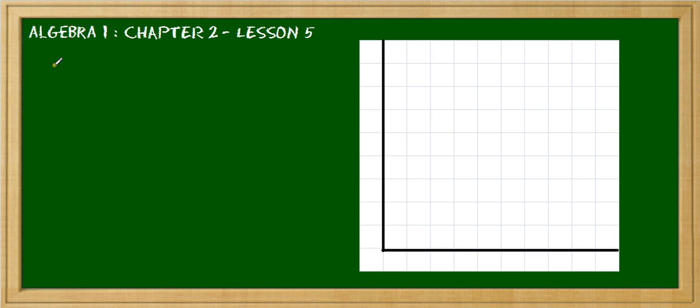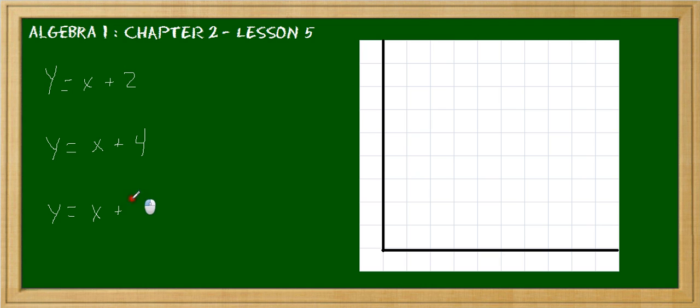So we're given 3 here: y is equal to x plus 2, y is equal to x plus 4, and y is equal to x plus 7.